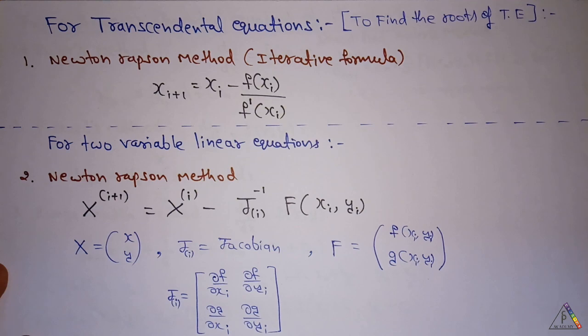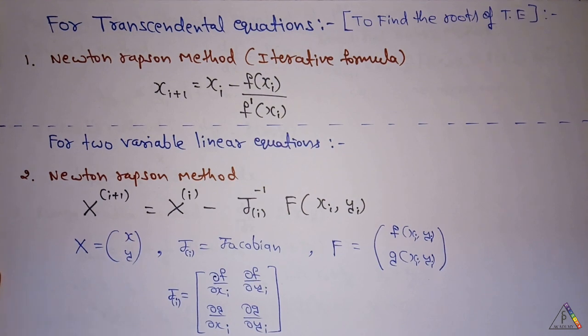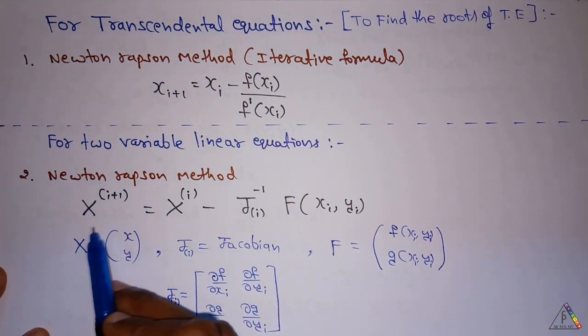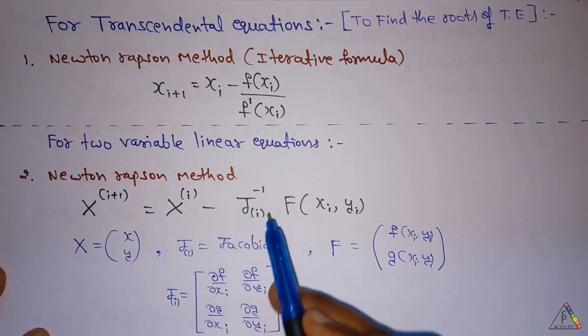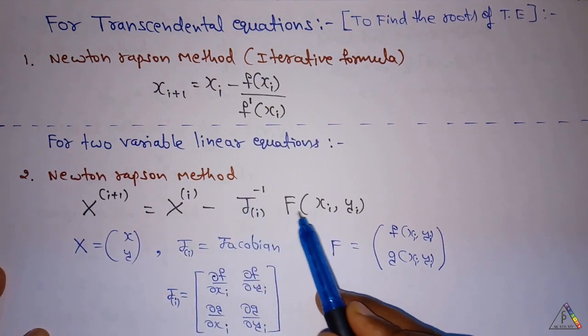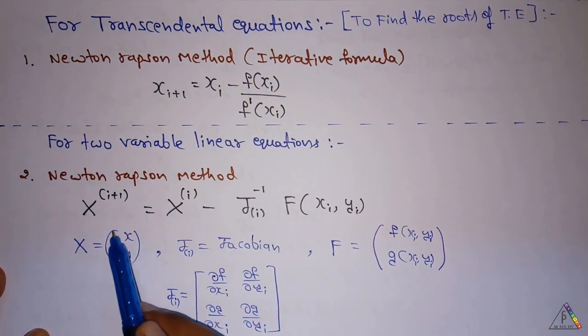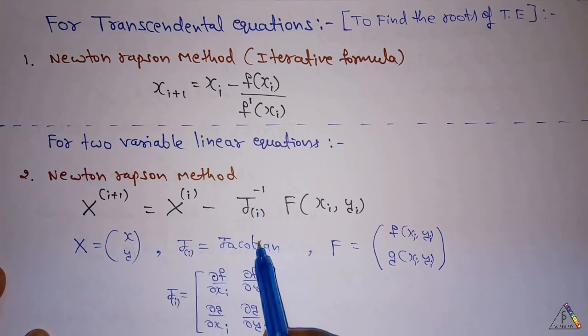If the transcendental equation contains two variables, then it is solved by using the Newton-Raphson method of this form: x(i+1) equals xi minus J inverse into f of xi, yi, where x is the column matrix of the variables x and y, and J is the Jacobian.